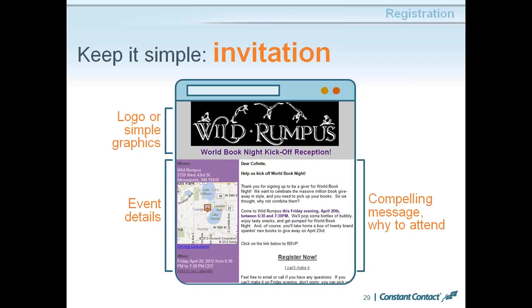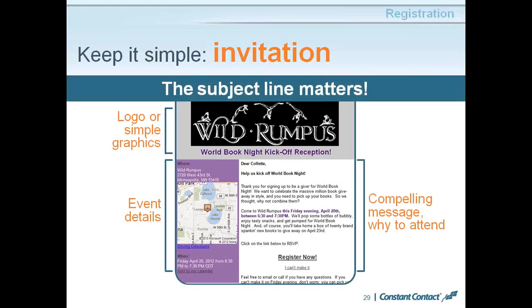Write a compelling message. Anticipate questions like, can they bring a friend? Will parking be validated? Should I bring my invitation with me, etc. Write a subject line for your email that will ensure that you're recognizable, and combine your organization's name with the person's name when possible to improve your chances of the invitation being opened.